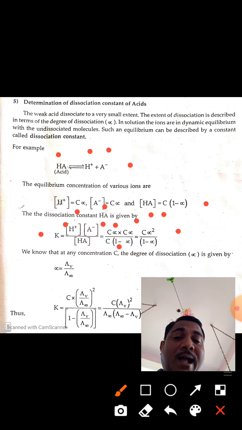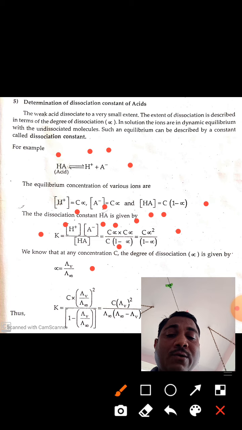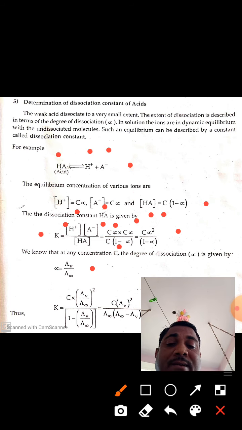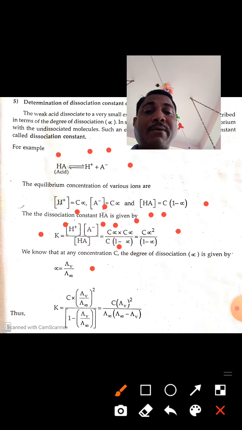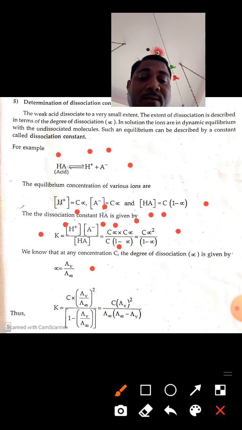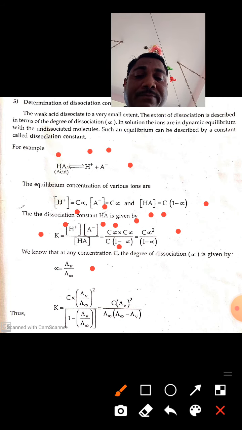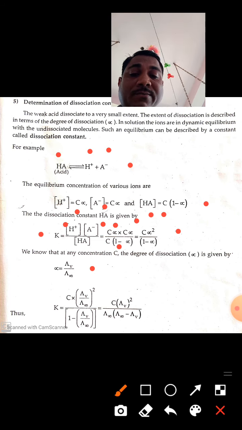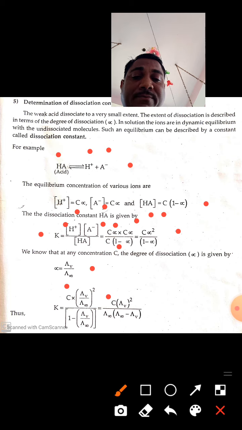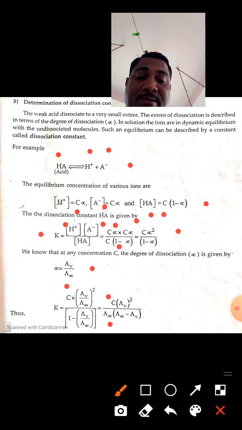We know that at any concentration the degree of dissociation is given by alpha equal to lambda v divided by lambda infinity. By substituting this value of alpha in the above equation, we get K equal to C times (lambda v divided by lambda infinity) square, divided by 1 minus lambda v divided by lambda infinity.